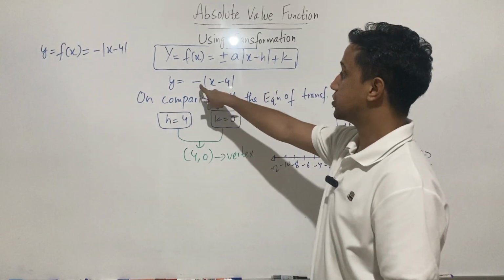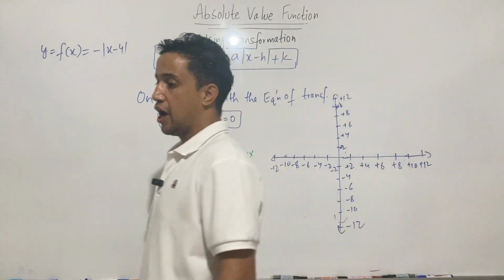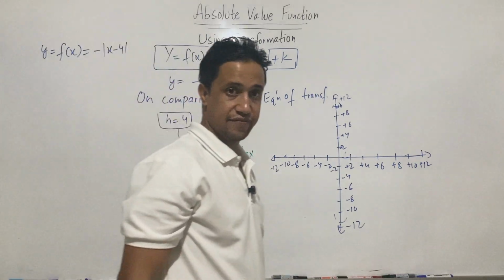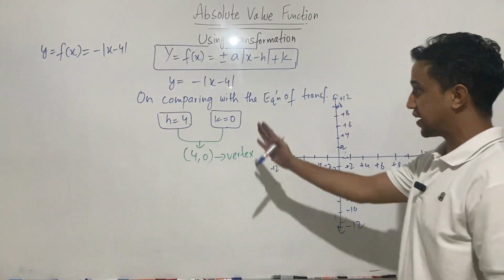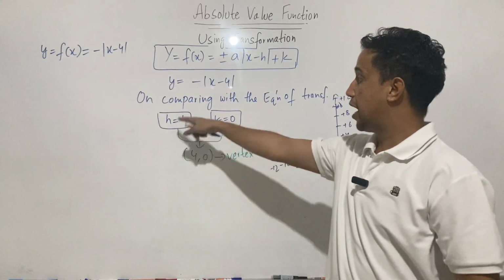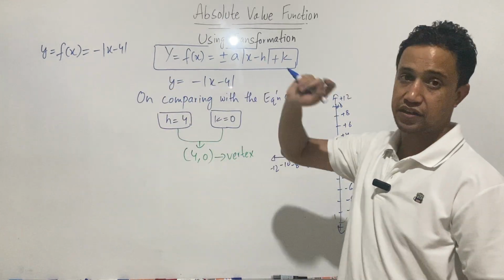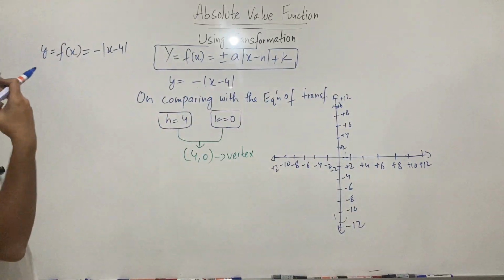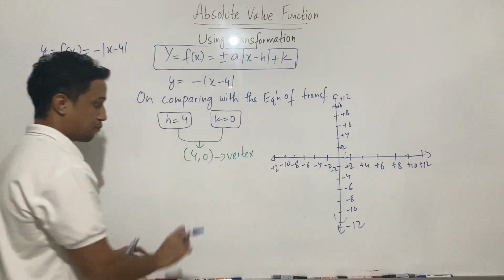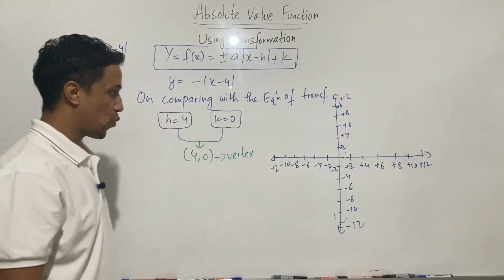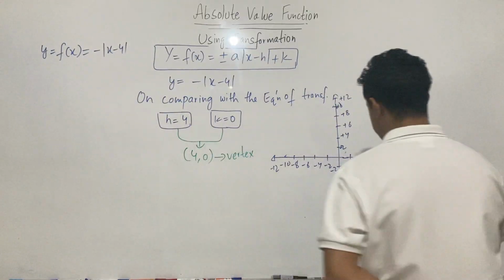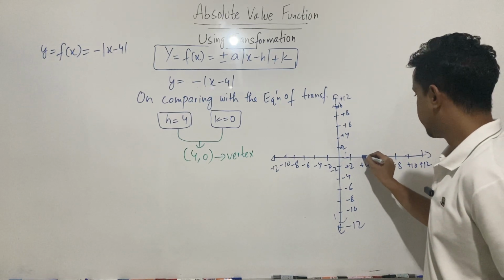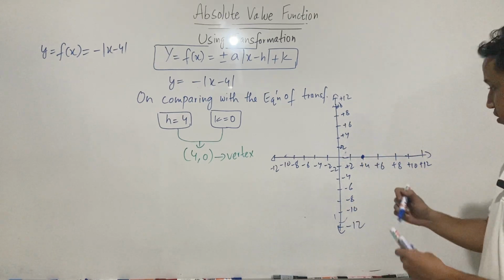Because the sign of a is negative, or we have a negative just outside the absolute value function |x minus 4|. Now the center is shifted to (4, 0). So where is (4, 0)? This is (4, 0).